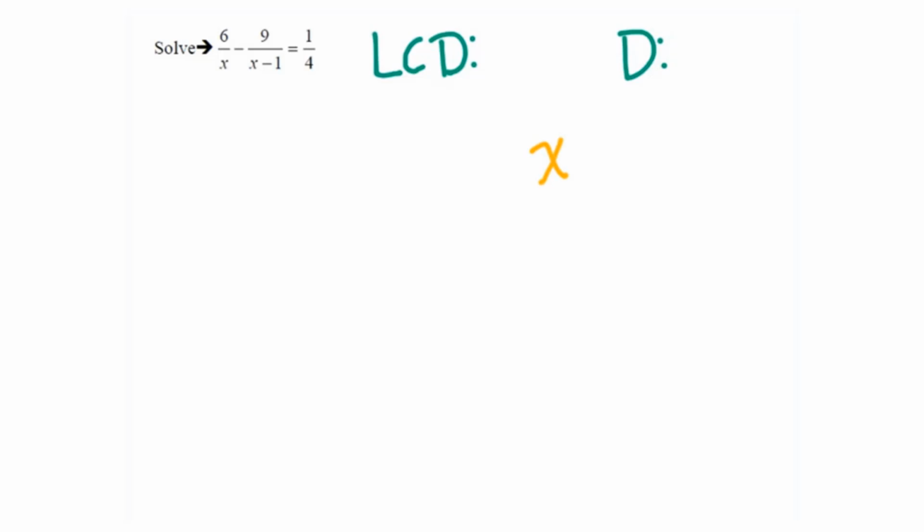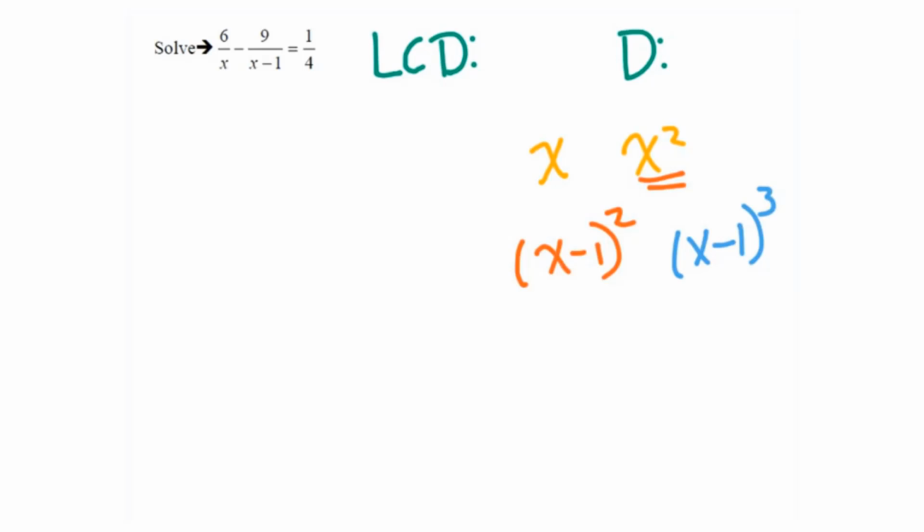But if you have x and x squared, then use x squared as the LCD. If you have x minus 1 to the second power, and x minus 1 to the third power, then x minus 1 to the third power will be part of LCD.